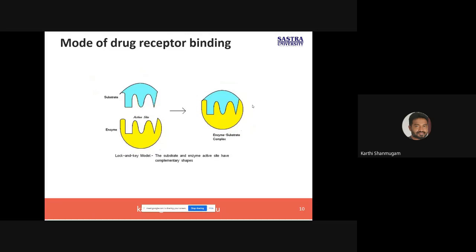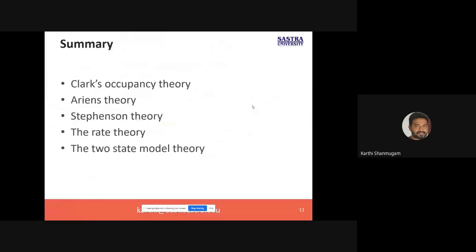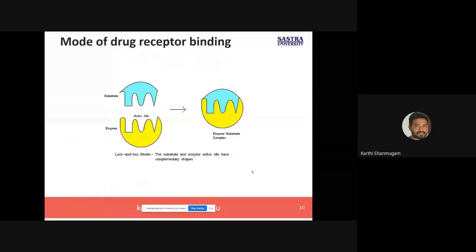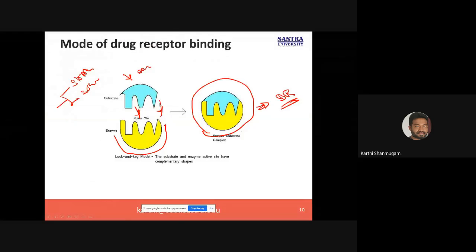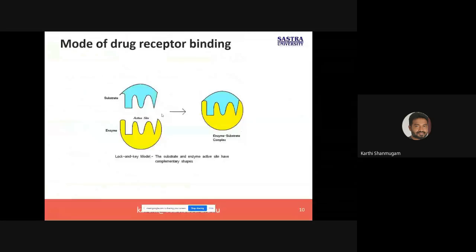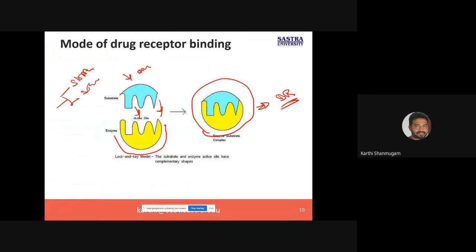So now our understanding is that most drug molecules will have some drug target molecule to which the drug molecule should go and bind. So for most drug molecules, there will be a corresponding drug target to which the molecule should go and bind. That's our knowledge, right? So we say that after the binding of the drug molecule, it forms the complex and that leads to the biological response.